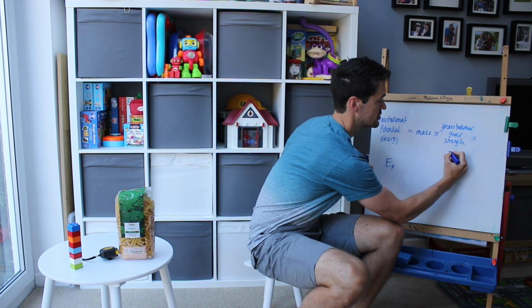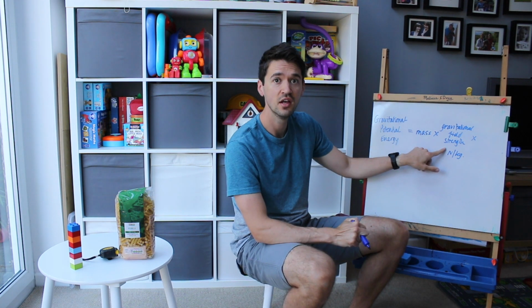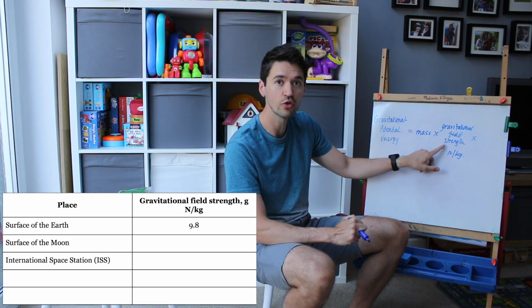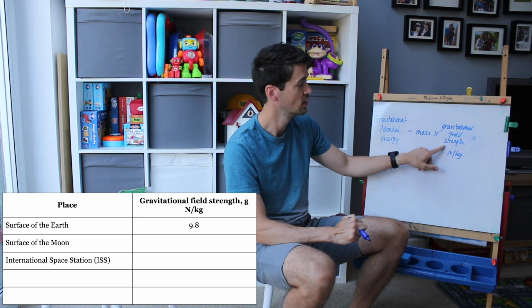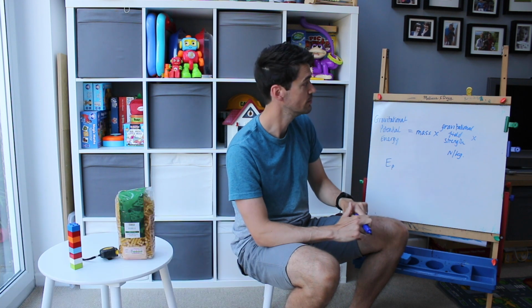I'm going to put the units under here, newtons per kilogram. And the specification says this, and I've emailed AQA and they've confirmed that they will always give you the value for the gravitational field strength in the question. So you don't have to learn any of these ones, you're just going to be putting that into the equation.